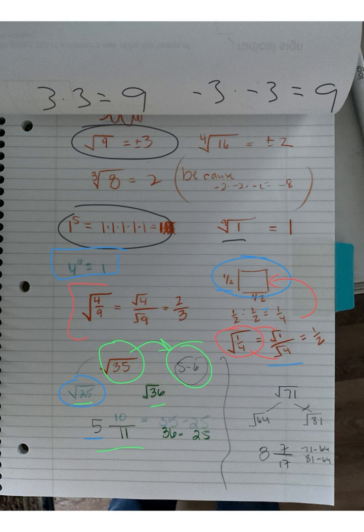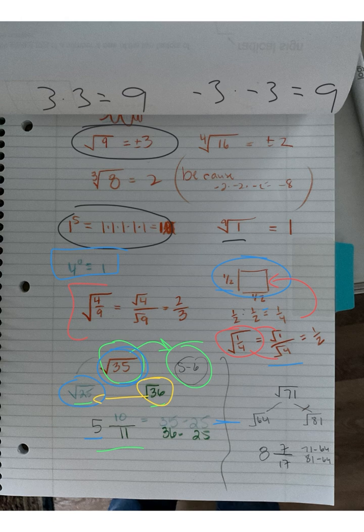And then for the numerator, you're going to take the 35 from the original, which is down here, and subtract 25 from it, and that's 10. And the denominator, you're going to take the high point of 36 and subtract 25 from it, and that gives you 11. So the square root of 35 is 5 and 10/11ths.